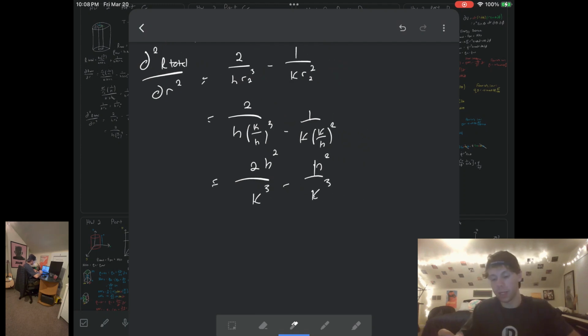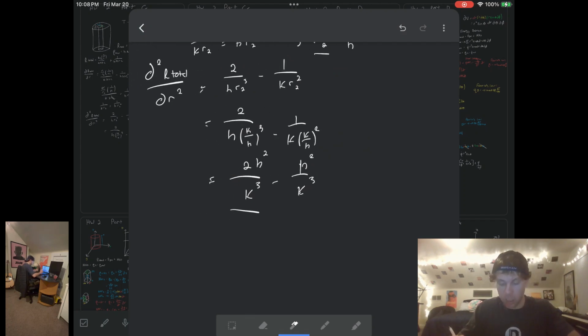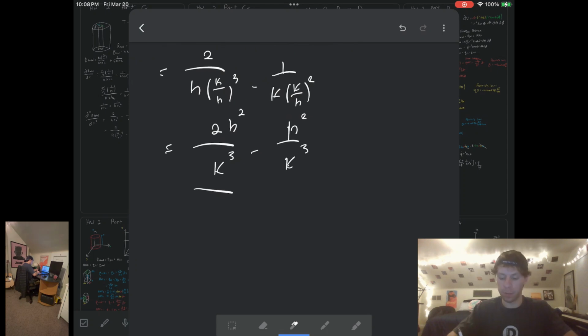We can clearly see that this first value will be larger than the second value, meaning we'll have a positive number. And because it's positive, we will be concave up, meaning we'll have a minimum.